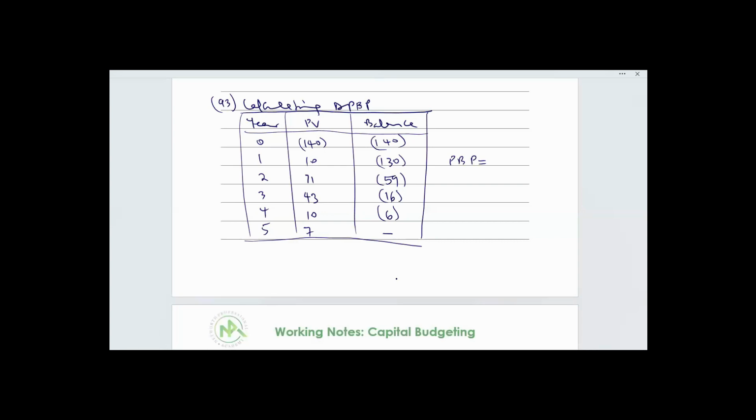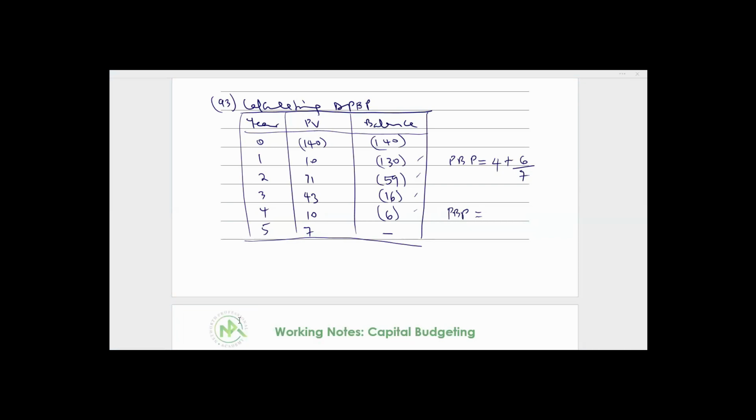I've recovered for 4 years. I would then say 4 plus the outstanding balance of 6 divided by the next present value of 7. Therefore, my payback period is equal to 6 divided by 7.